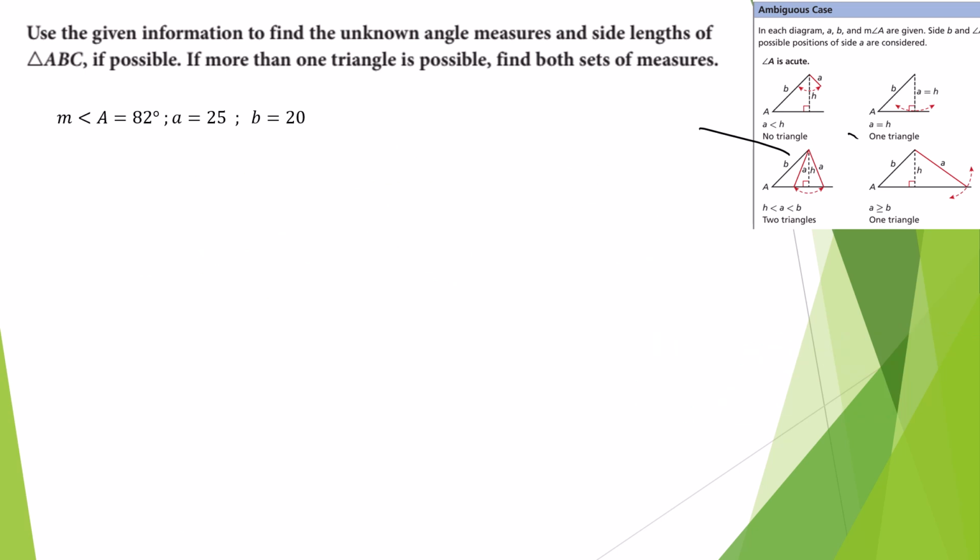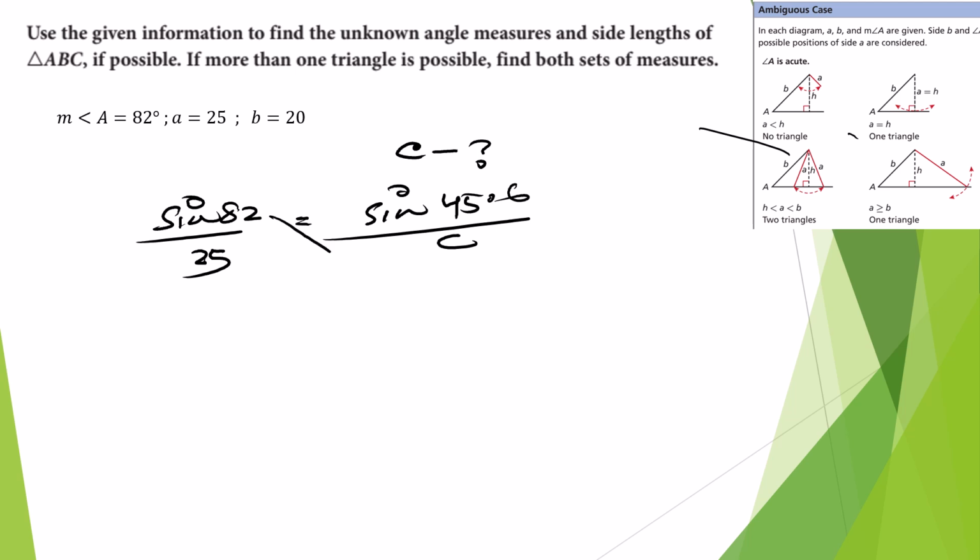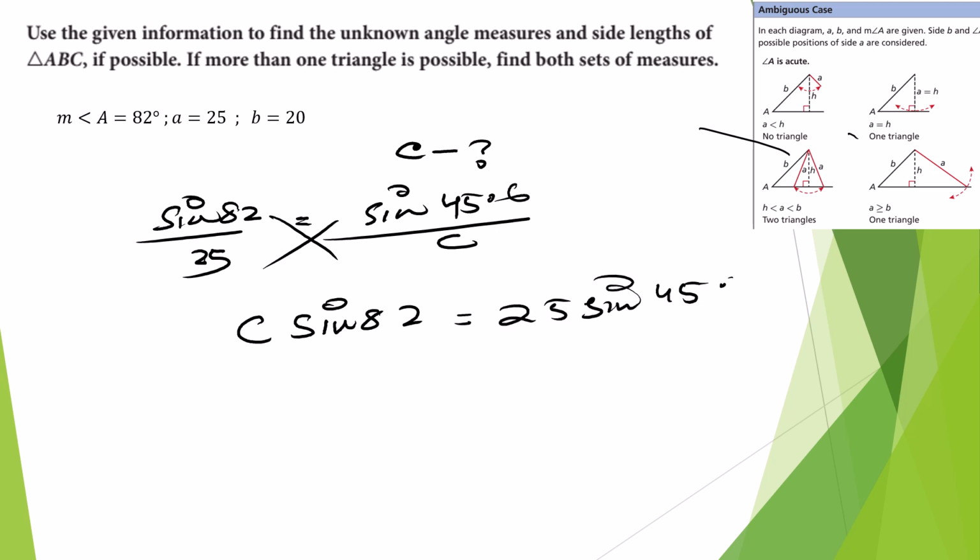For the same set, how can we find the small c? Because the rest we already found. So we know that angle A is 82 and small a is 25, and angle C is 45.6 and small c we have to find. We cross multiply, so we will get C sine 82 equals 25 times sine 45.6. We divide both sides by sine 82.